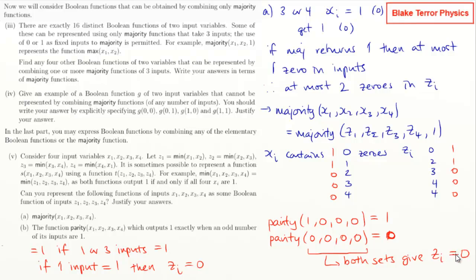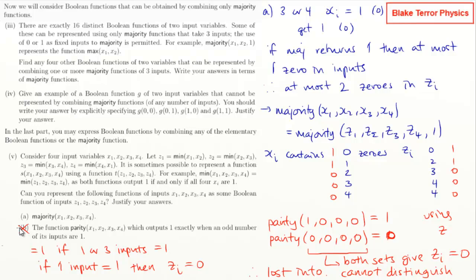Because if we pair off all of them and take mins of them, every single pair is going to give 0 for both of them. So therefore we've got lost information and we cannot distinguish between these two cases using the z's. So that isn't going to work. Right, that was a bit quicker, the last one, than doing the majority one.